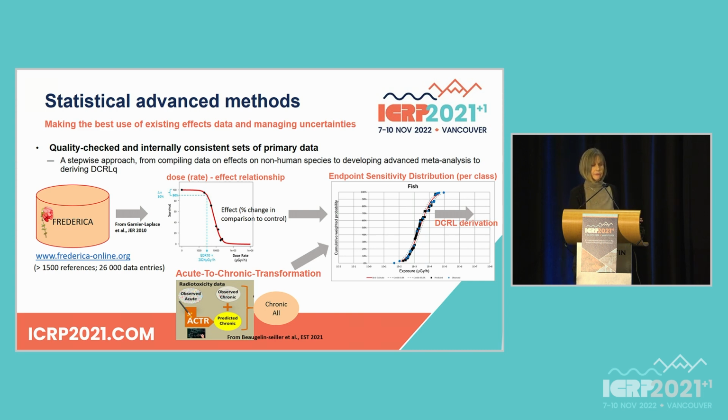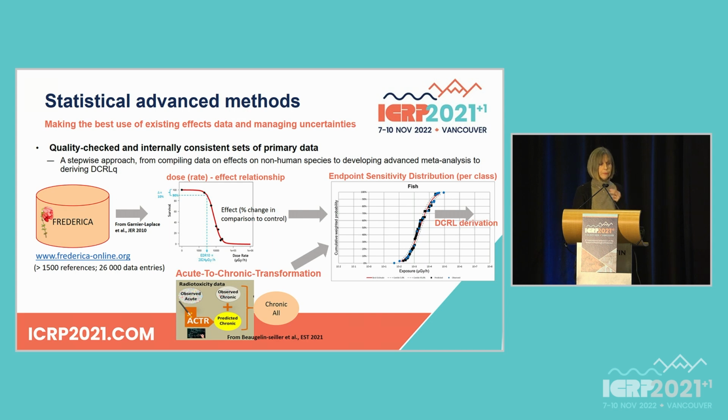Let me illustrate what we have developed in terms of advanced statistical methods, with the main aim to make the best use of existing effects data on non-human biota and how to manage the uncertainties related to the level of knowledge on one hand and to the use of such statistical methods.